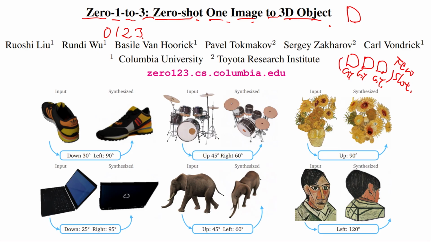But zero shot means before testing, this work does not need any paired dataset. It is directly generalizable to arbitrary images. That is zero shot.